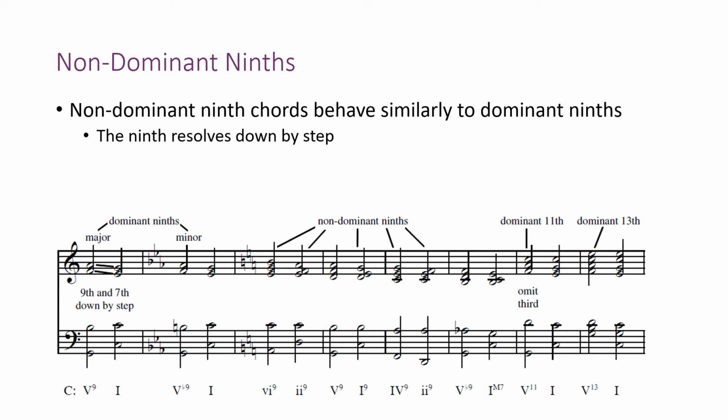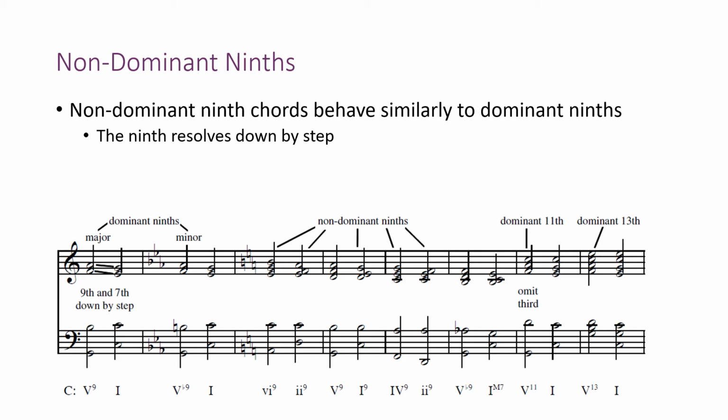So dominant ninth chords are very common, but it's also possible to use non-dominant ninth chords. And again, the ninth would resolve down by step. So look at the 6 9, 2 9, 5 9, some of these non-dominant ninth chords in the second part of the example. There's a 1 9, 4 9, 2 9, and then a 5 flat 9, ending with a seventh on the 1 chord, which is typical in jazz harmony.